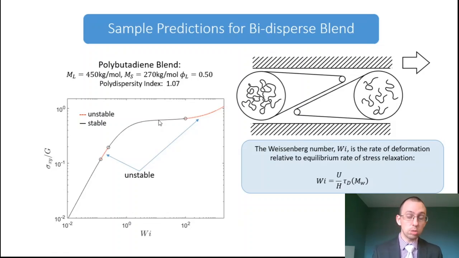And under those circumstances, the shorter chains, while they carry less stress, may have the larger driving force to move towards lower shear rates. Then by the time you get back up to high shear rates, the long chains start to actually stretch.